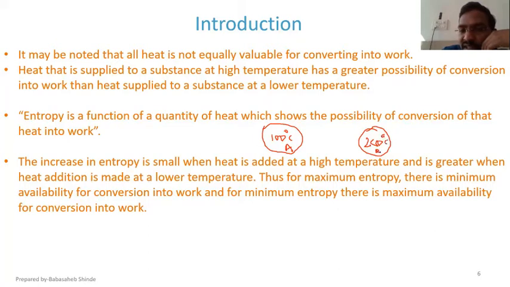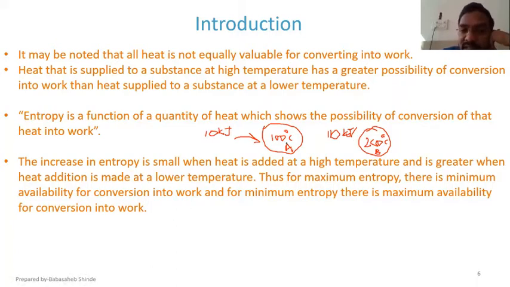Let's consider this as a body B. Okay, this is A at 100 degrees Celsius, this is B at 200 degrees Celsius. I am adding 10 kilojoules of heat to it. Okay, and I am adding same 10 kilojoules of heat to this also.